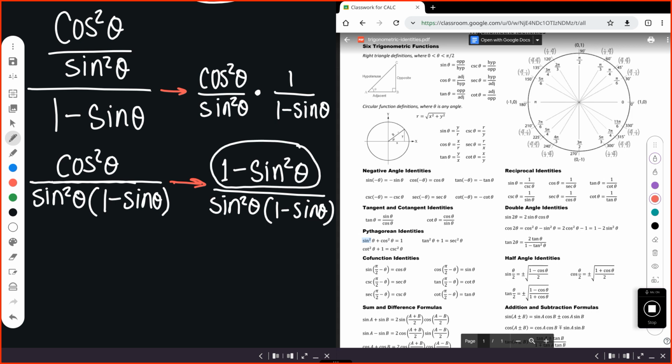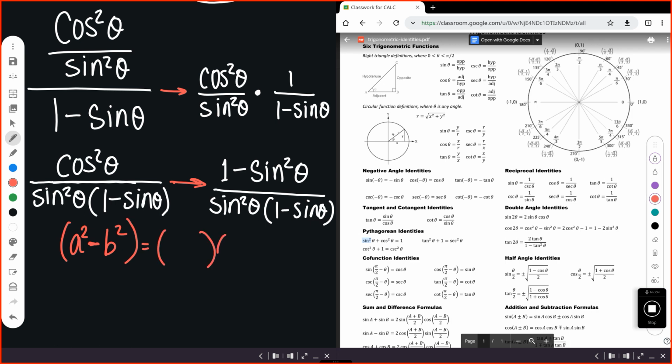Okay, so the difference of squares states that if you have a term that's squared minus another term that's squared, hence the name difference, subtraction, of squares, that's equal to the factors a minus b and a plus b. So in other words, we take the square root of my squares and then we rewrite them in this form.